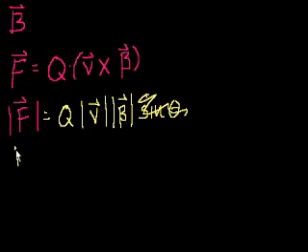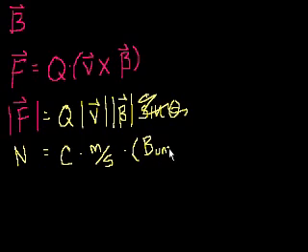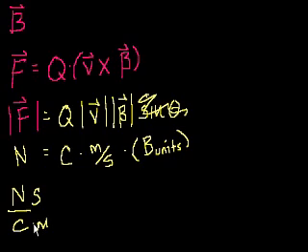So force is newtons. We could say newtons equals, charge is coulombs, velocity is meters per second, and then this is times the B units, we could call them unit sub B. So if we divide both sides by coulombs and meters per second, we get newtons per coulomb, and then dividing by meters per second is the same thing as multiplying by seconds per meter, which equals the magnetic field units.